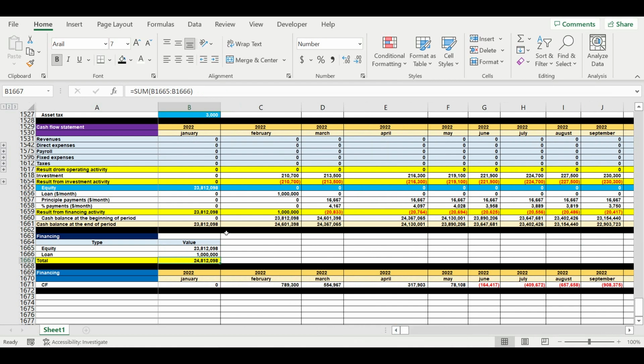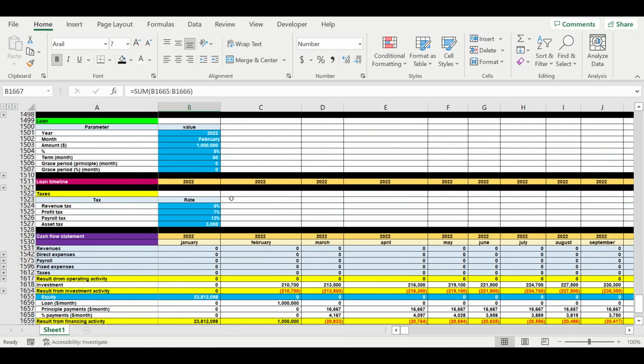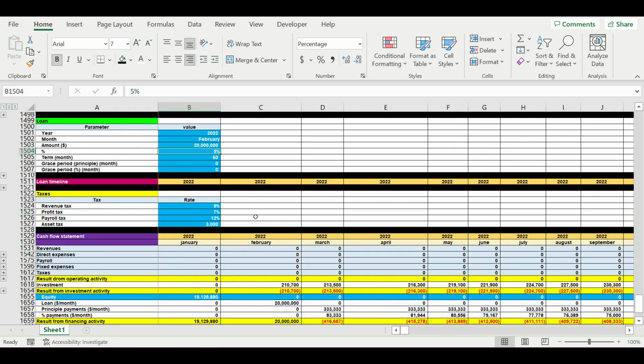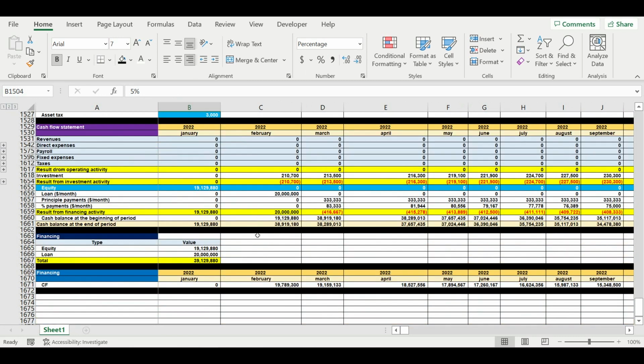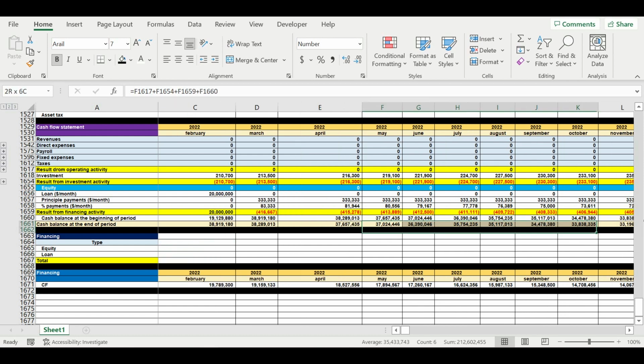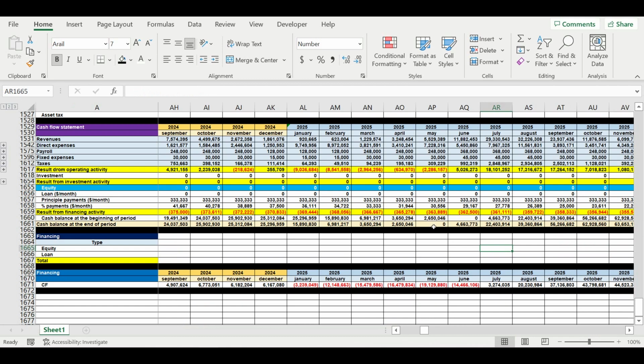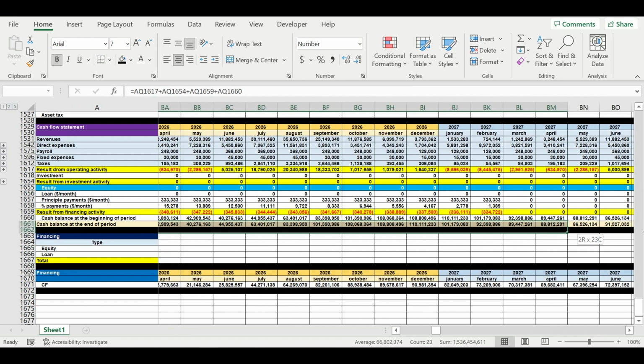Or for example, we can take a $20 million loan, so the majority of financing will be taken from the bank. We move to the cash flow statement and see this moment in May 2025 when the business starts generating its own cash.